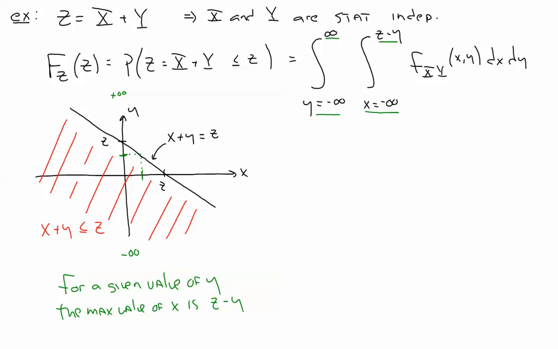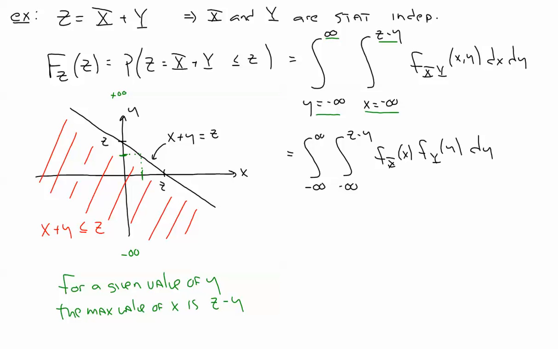Moving right along. Let's continue with my integral here a little bit. I'm going to use now that my joint probability density function is separable, because I'm talking about statistically independent random variables. This is going to be the integral from minus infinity to plus infinity, integral from minus infinity to z minus y, of fx,y dx dy.